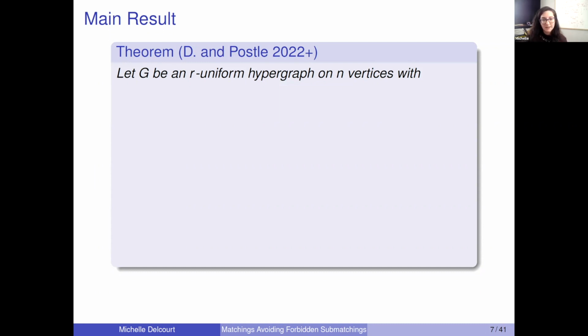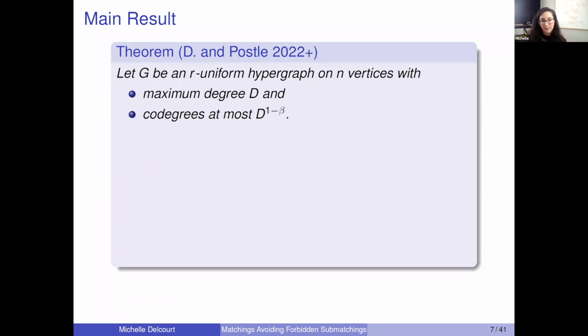So we're going to be dealing with r-uniform hypergraphs on n vertices. That's our initial graph G. And we have some mild conditions on G. We have bounded maximum degree, and we also have some bound on the codegree.